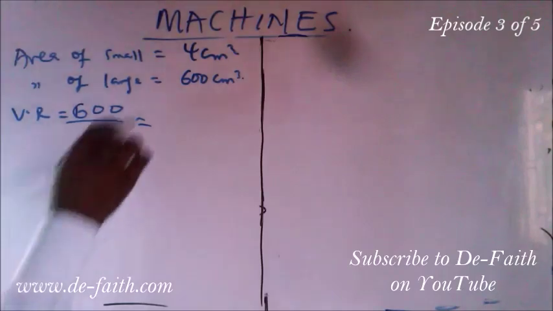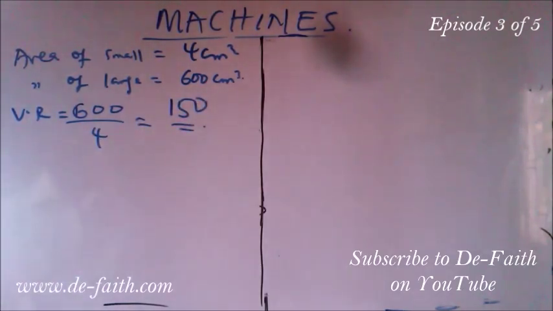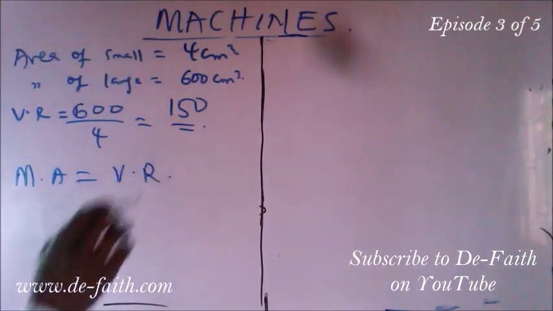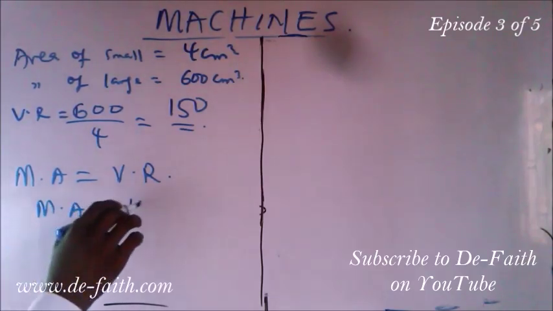When we divide it, we have 150 as the velocity ratio. And the second part of this question says that, assuming there is no friction, find the mechanical advantage. Now, if there is no friction, mechanical advantage will be equal to the velocity ratio, meaning that the mechanical advantage also will be 150.